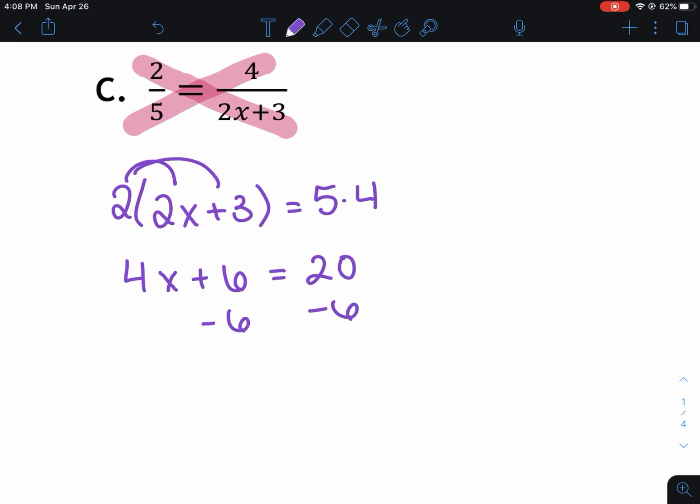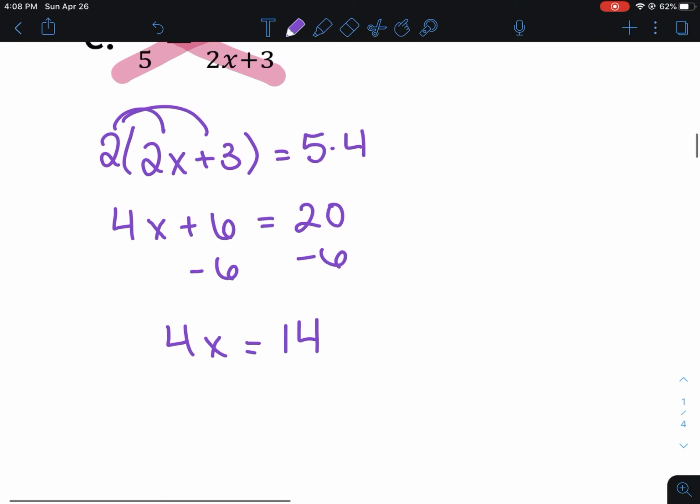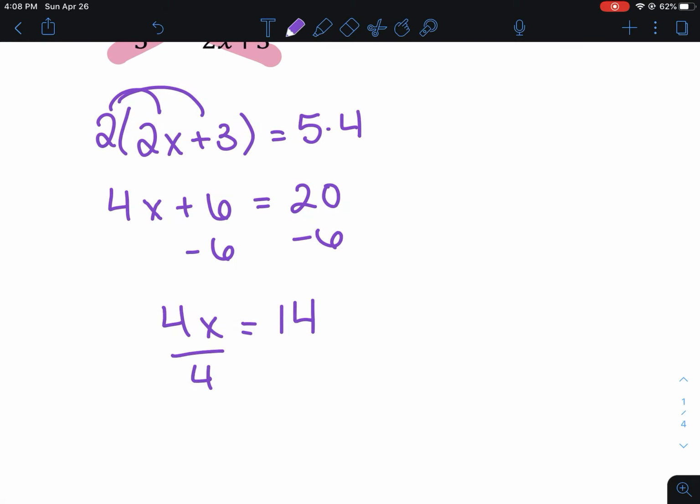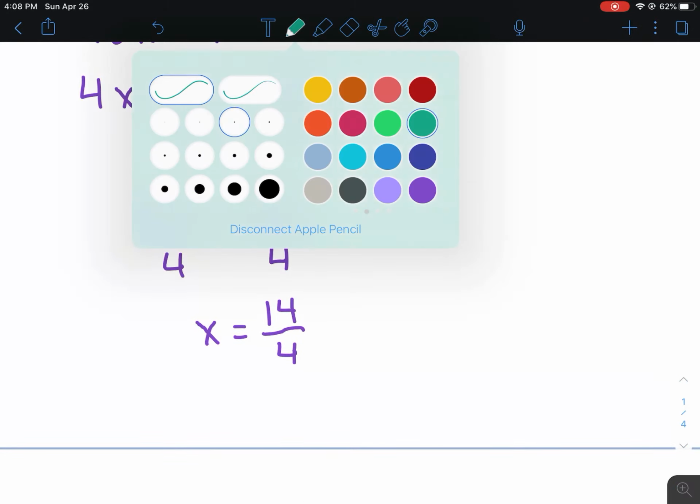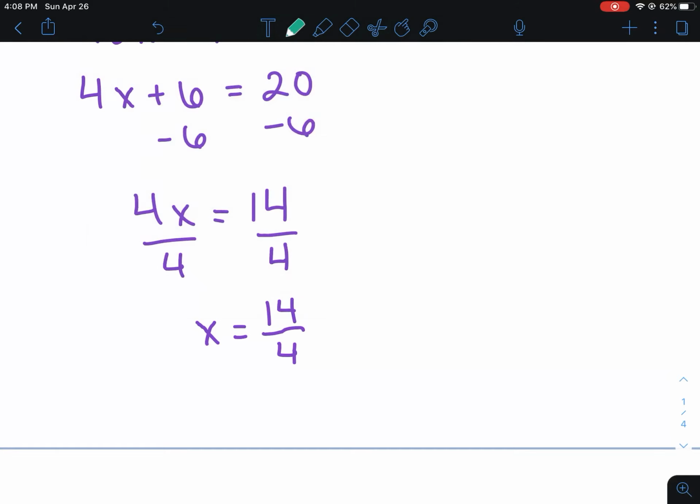Subtract 6. I get 4x equals 14. Divide by 4, I get x equals 14 over 4, but we know that we want to simplify our fractions. What goes into both 14 and 4? 2. If I divide by 2, I get 7 over 2.